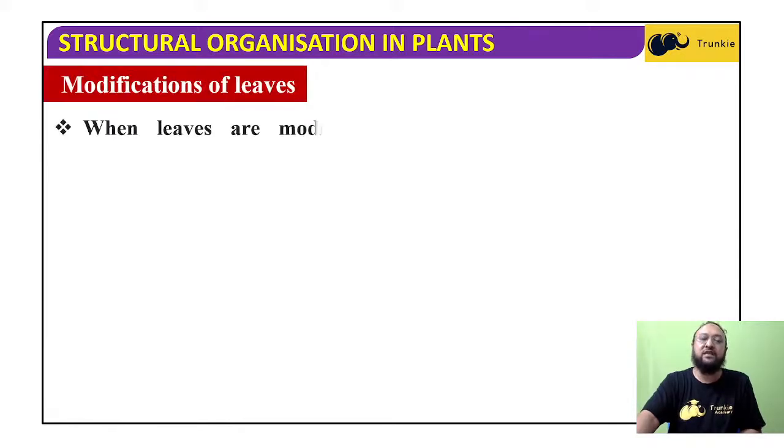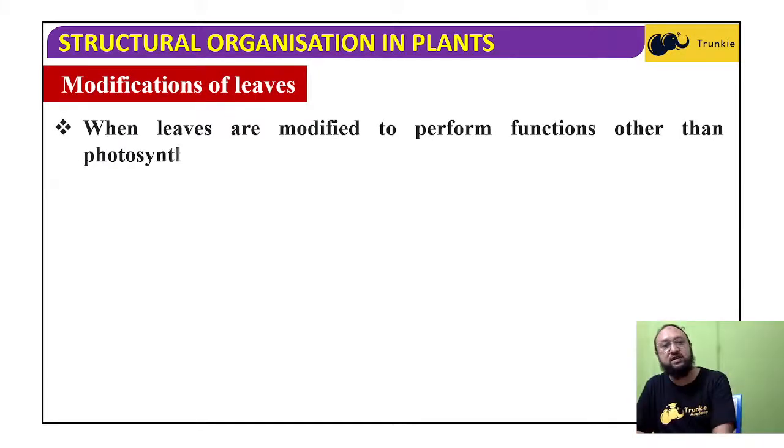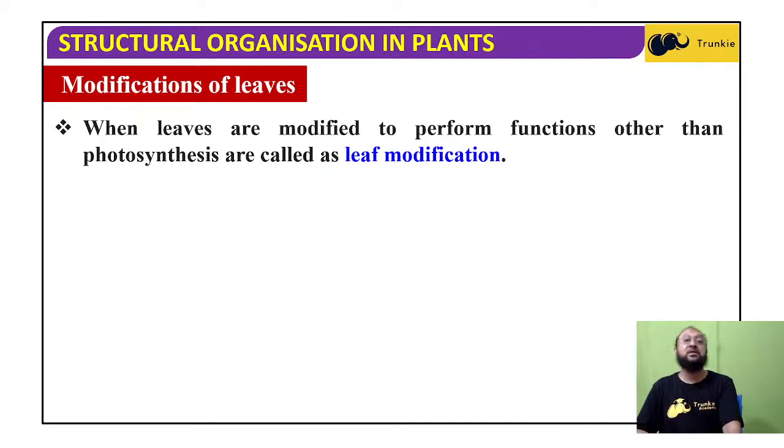Now modification of leaves. Another important topic: like roots and stem, leaves are also modified. The main function of leaves is to carry out photosynthesis, but due to the need of the plant, in some cases leaves are modified to perform other functions.